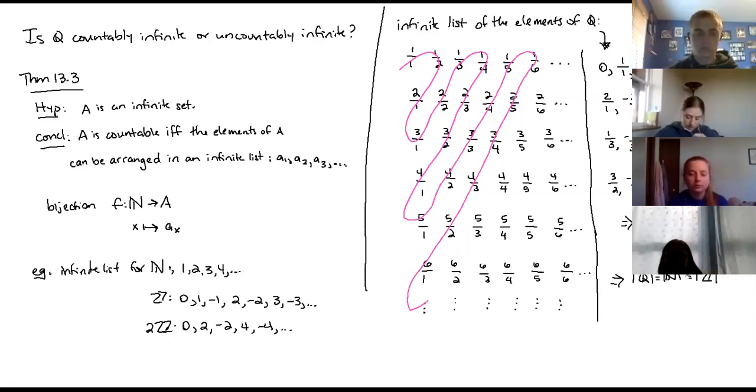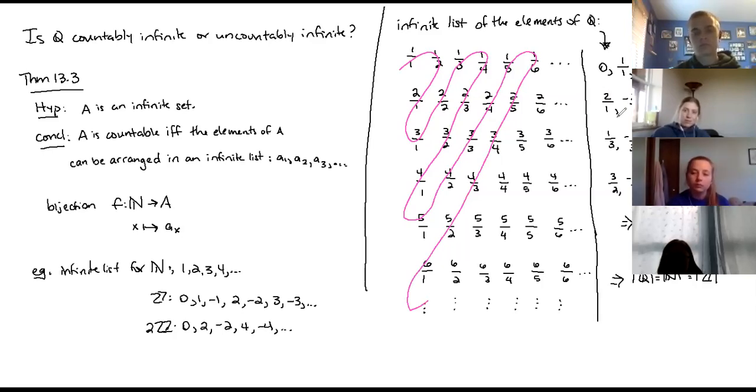Okay, so when we cross things out, are we just saying that we could infinitely cross out doubles as we go along? Yes. So basically what I'm saying at this point is I have a list that has too many elements in it, right? I wouldn't have to cross them out if I didn't want to. I could still leave them and say this is still an infinite list of the elements of Q. But good practice is to just have each element listed once.